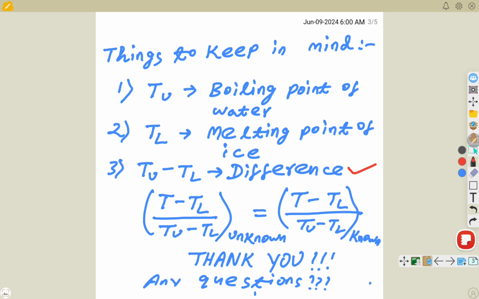And using this formula, (T minus TL) divided by (Tu minus TL) in the unknown scale is equal to (T minus TL) upon (Tu minus TL) in the known scale, if this unknown scale is known to us. Similarly, we can use this formula.